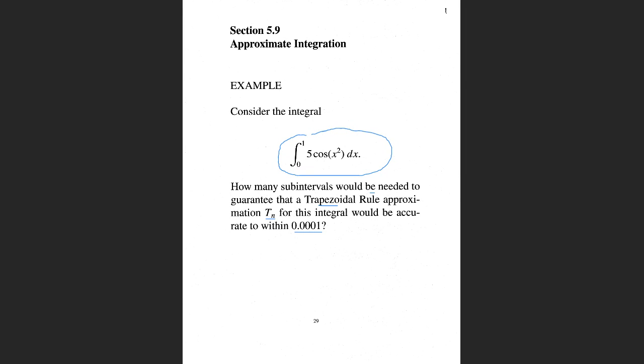So this problem is similar to the previous problem we did, only this time we're interested in the trapezoidal rule approximation. So what we need to do, of course, is go to our formula sheet for the error bound for the trapezoidal rule.